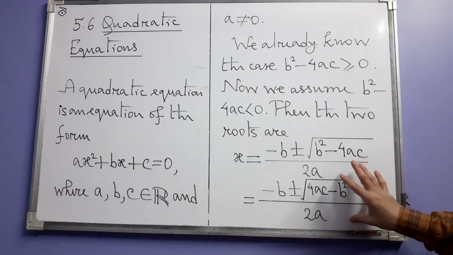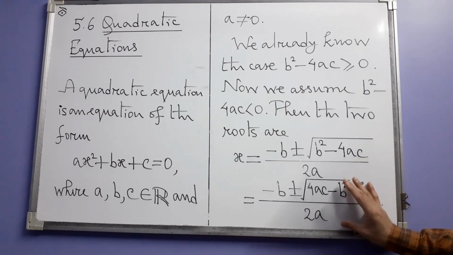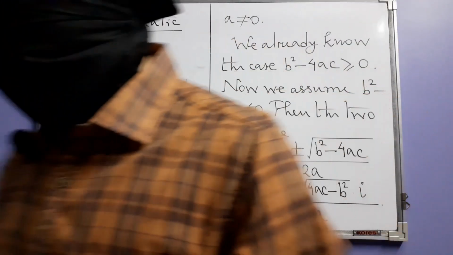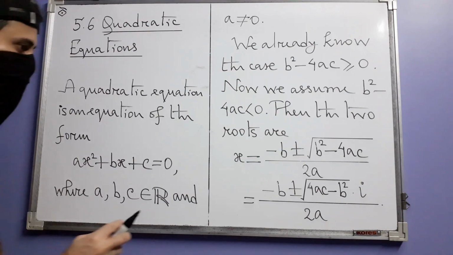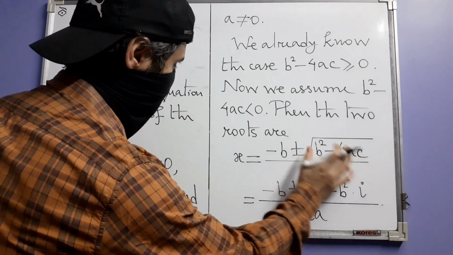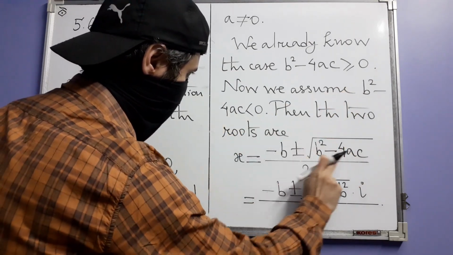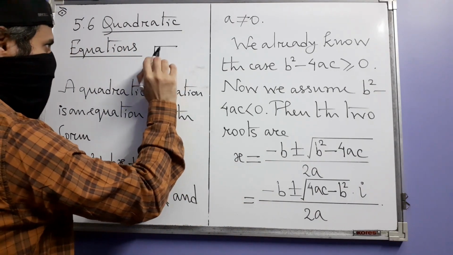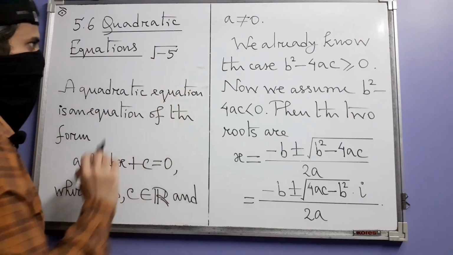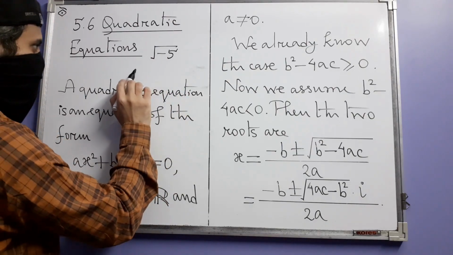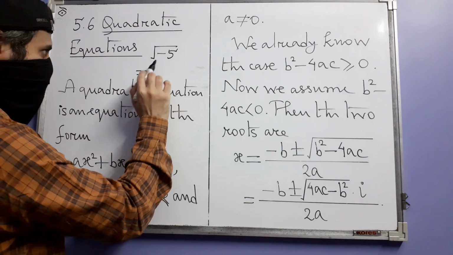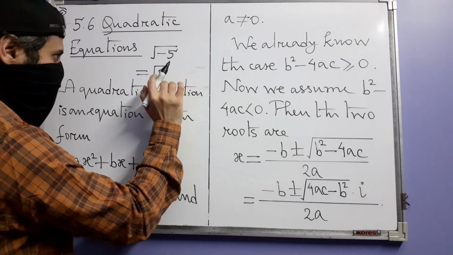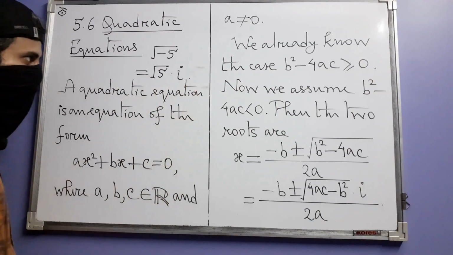Although you should be able to understand why this turns into this, let me just show you one example that will make it clear. So you have a negative number under the square root sign, something like this. By now you know very well that this actually equals square root of 5 times i.